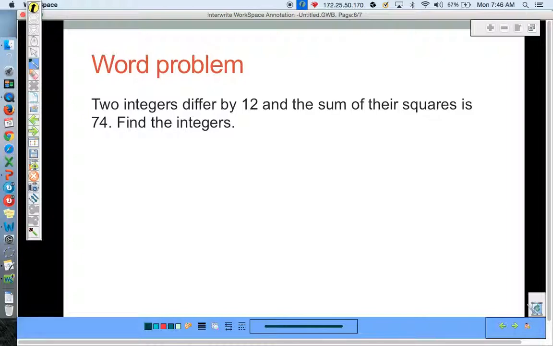Now this last one is a word problem here. Two integers differ by 12 and the sum of their squares is 74. So we have two numbers, x and x plus 12. And the sum of their squares, so squared, squared, is 74.